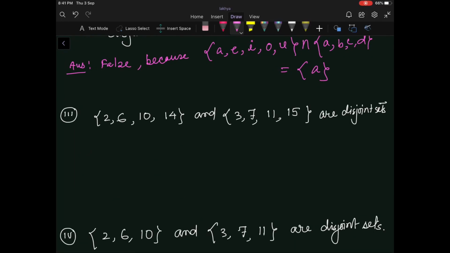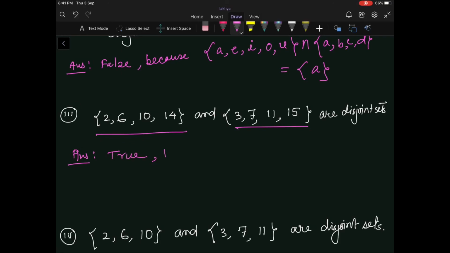Okay, here you see if you compare these two sets there is no common element, so it's true. Here what should be the answer? True.